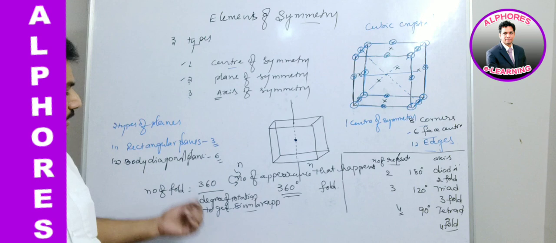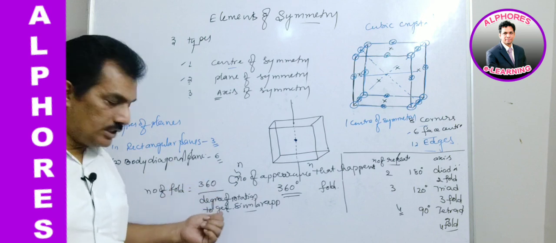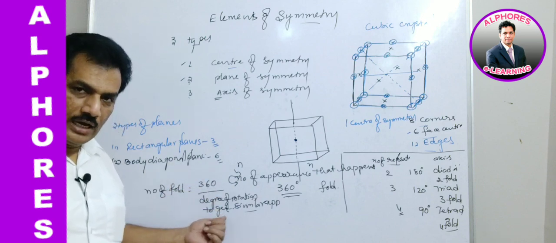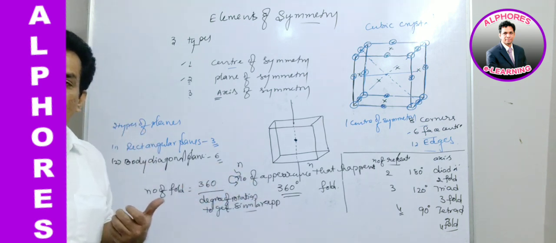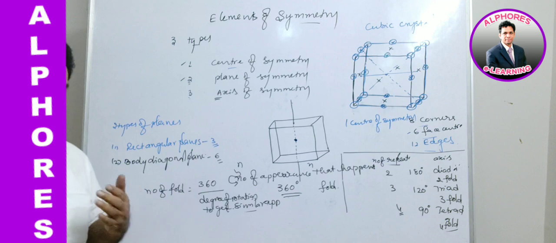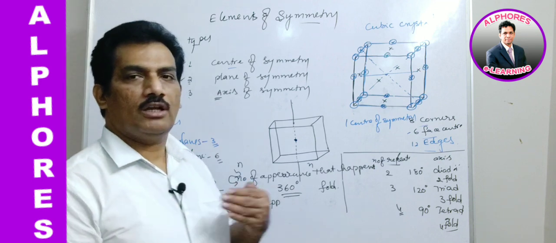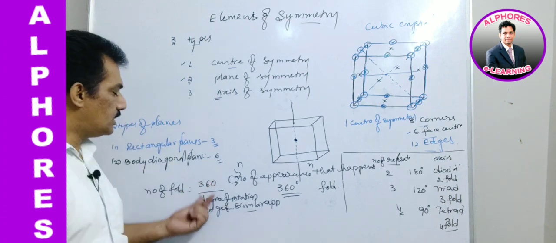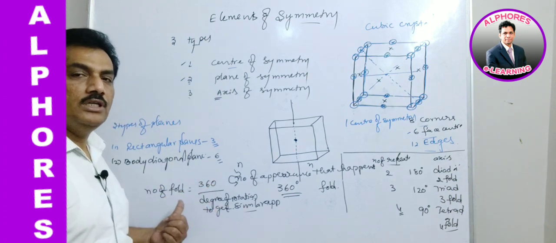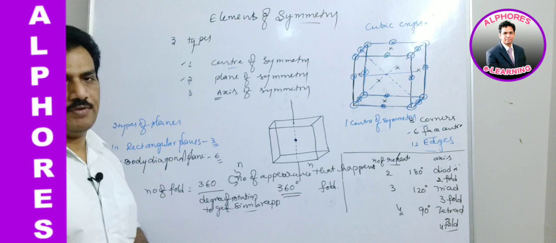And here, from the n-fold, we can get 360 by n degrees of rotation to get a similar appearance. If we know the n value, then the degree of rotation required to get a similar appearance we can calculate. Simply, 360 by n is the degree at which a similar appearance will happen.